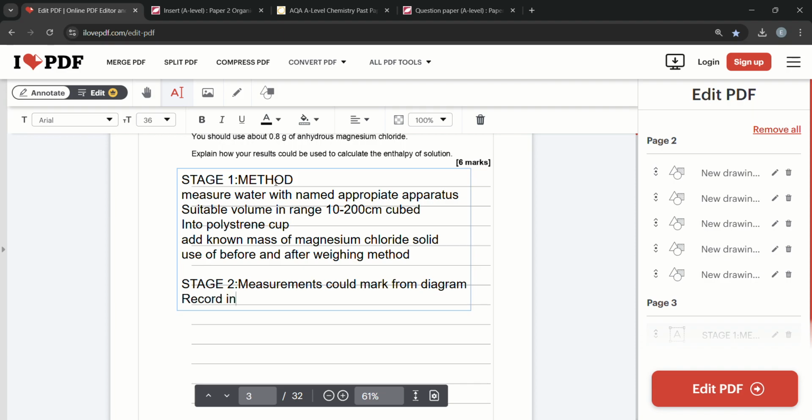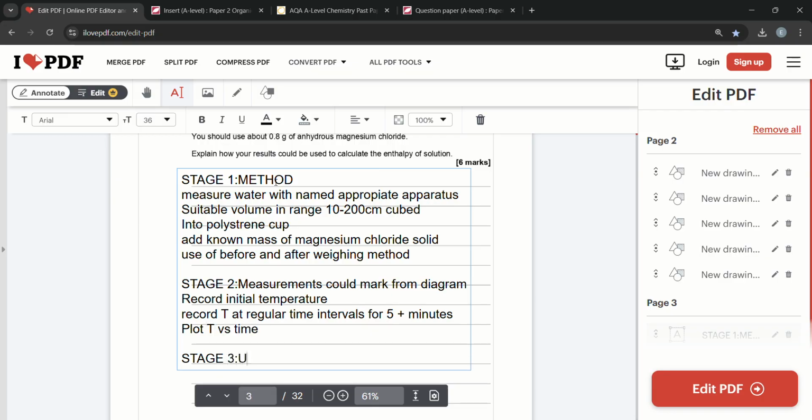Record initial temperature. Record temperature at regular time intervals, intervals of 2 minutes, for 5+ minutes. Plot temperature versus time.